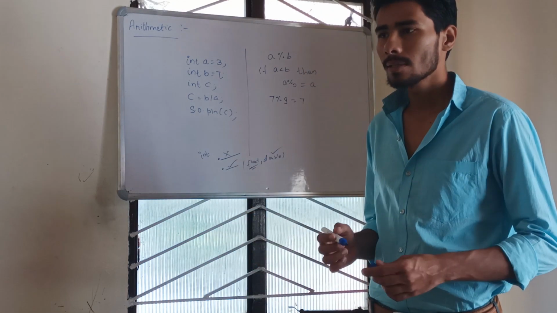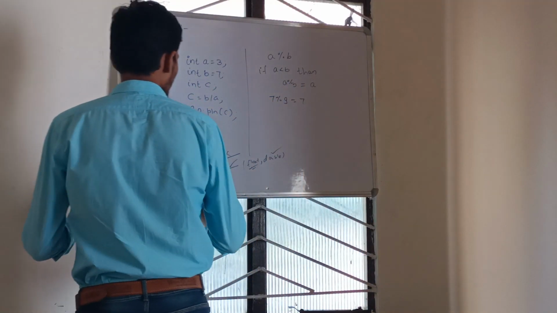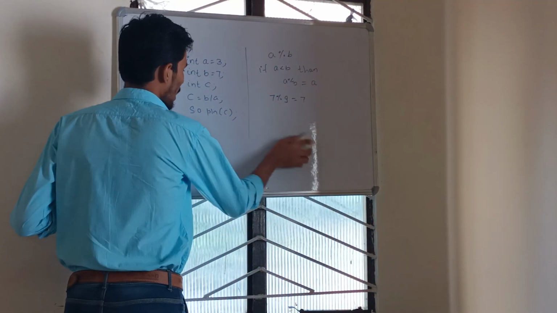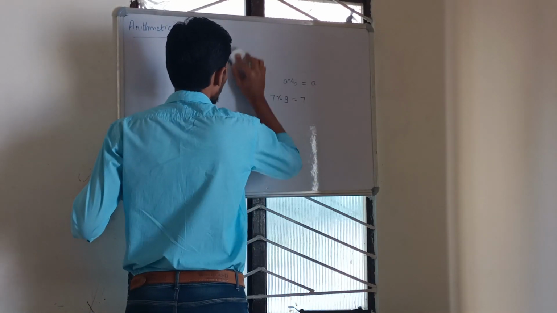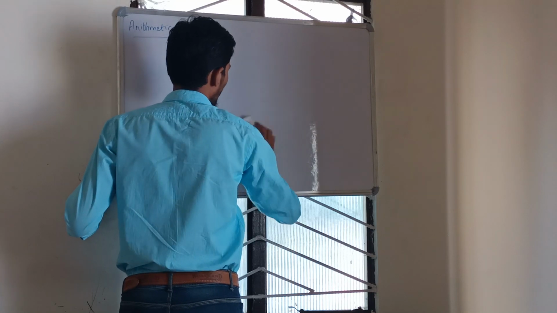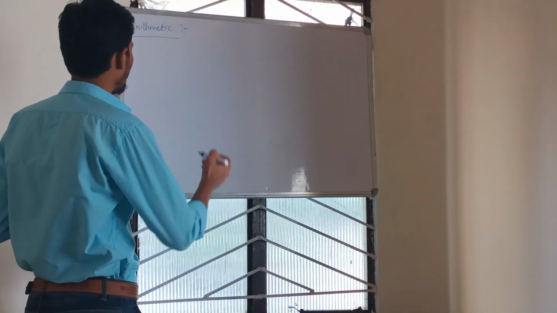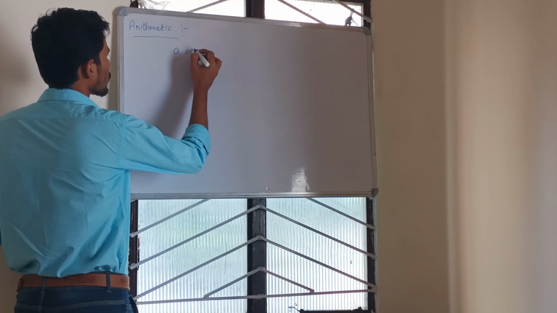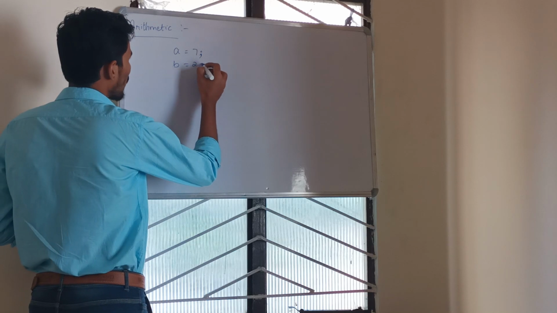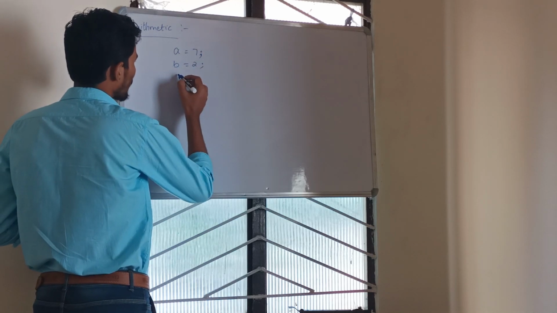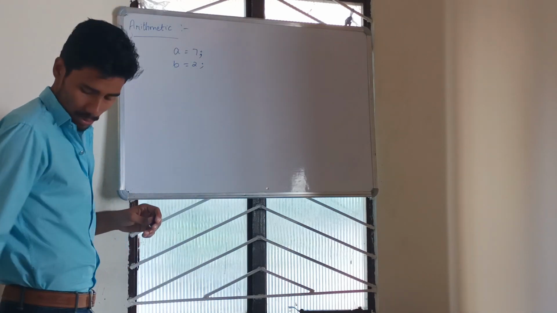Try all this at home. Just do the assignment and come. I'm giving an assignment. A equals 7, B equals 2. These are the two values.